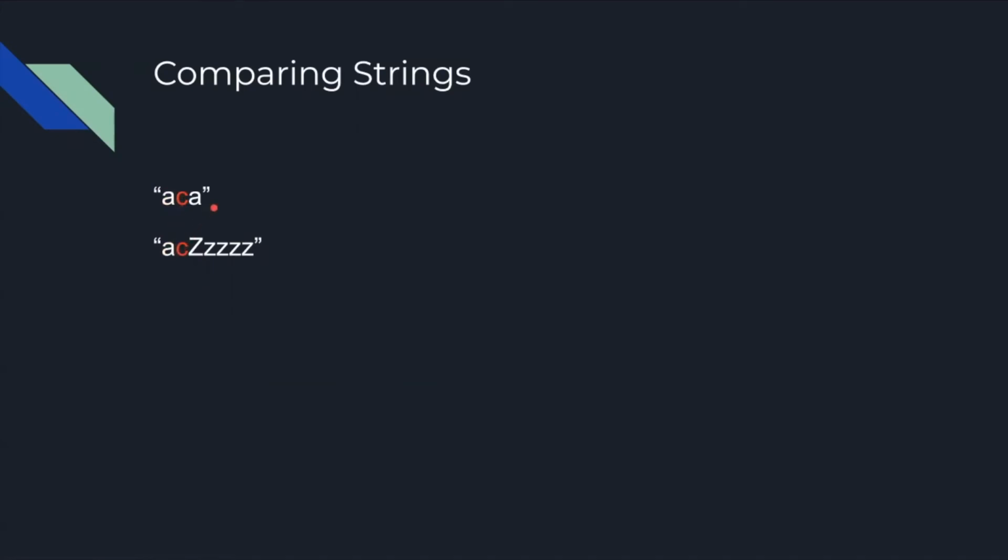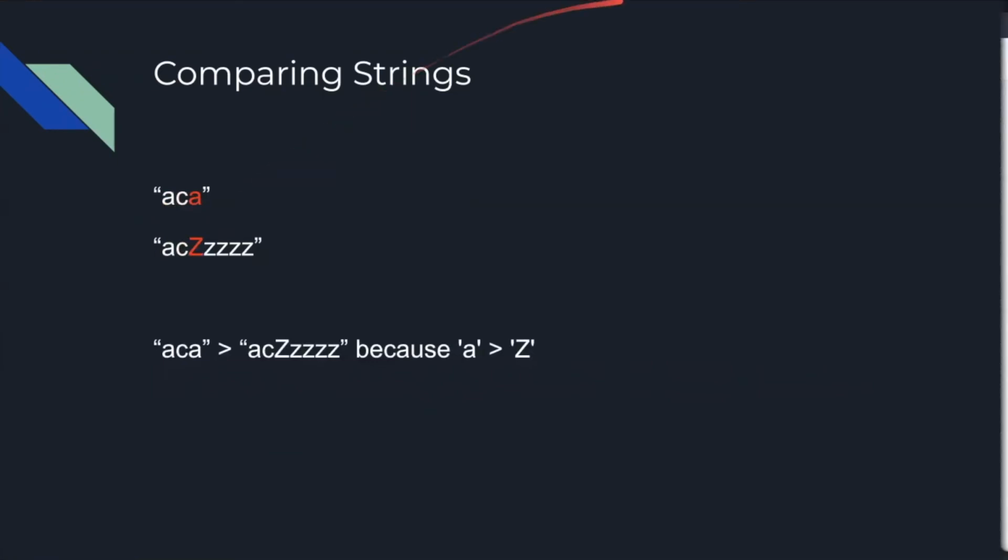Then it moves on to the third, and then it notices a difference. So you have lowercase a and capital Z. And since lowercase a is greater than capital Z, that means the first string is greater. And by the way, if the two strings are the same, then Java will not notice any differences throughout the entire scanning process, and therefore the strings are equal.